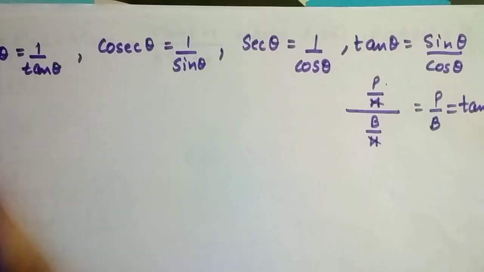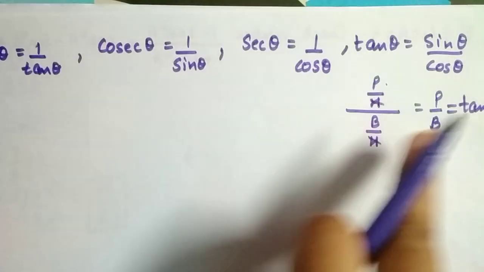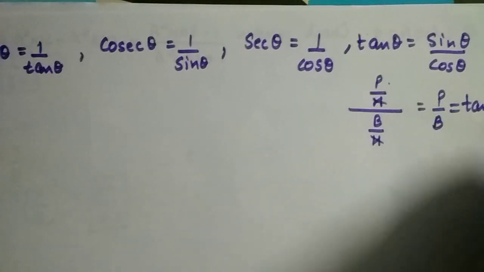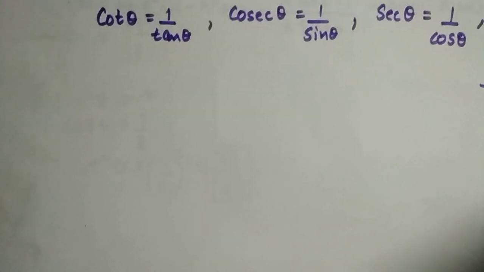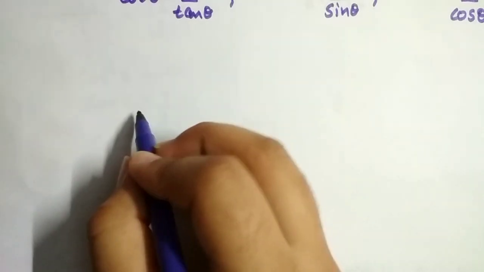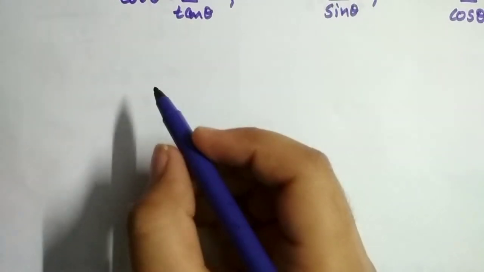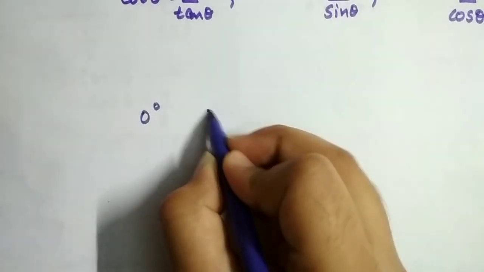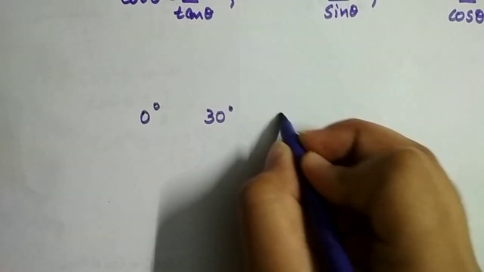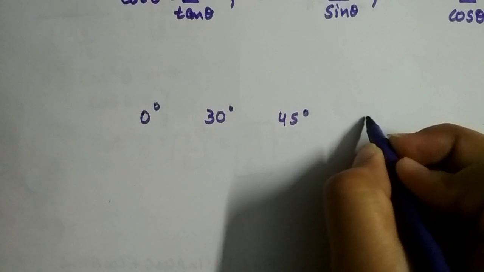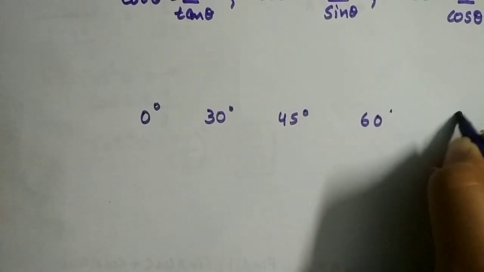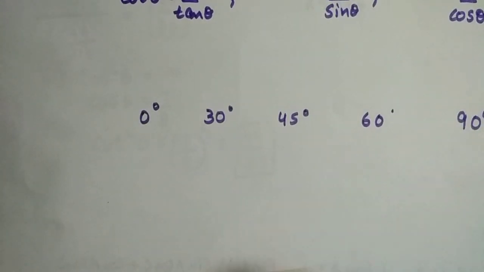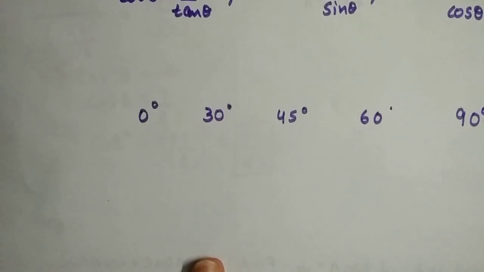So you need to remember the relationship between the trigonometric ratios before learning to make the table. Okay, so now let us start to make the table. We need to know the value of trigonometric ratios at these angles: 0 degrees, 30 degrees, 45 degrees, 60 degrees and 90 degrees.